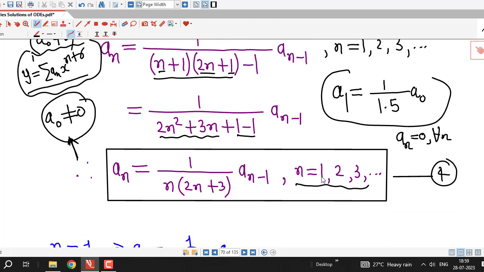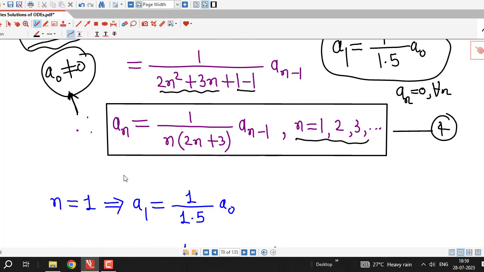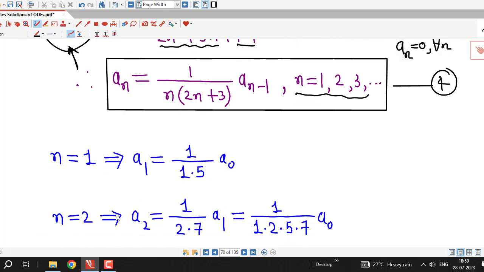So now I have obtained a few of the coefficients by taking n equal to 1, 2, 3. For n equal to 1, I obtain a1 equal to 1 over 1 into 5 into a0. For n equal to 2, I have 2 into 2, 4 plus 3, 7, and for n equal to 1, I have a1. Then I have put the value of a1, so I have 1 over 5 into 2 into 7 into a0.